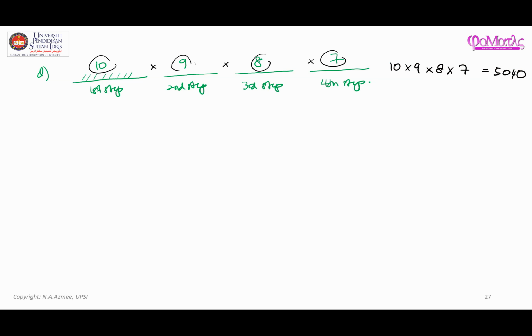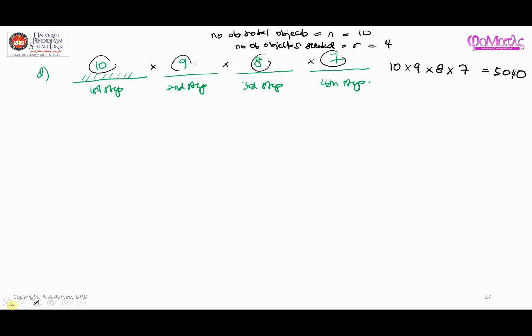So basically, you can think about the number of total objects, which I'm going to call n, and n in this case is equal to 10. And the number of objects selected is going to be called r, and in this case r is equal to 4.